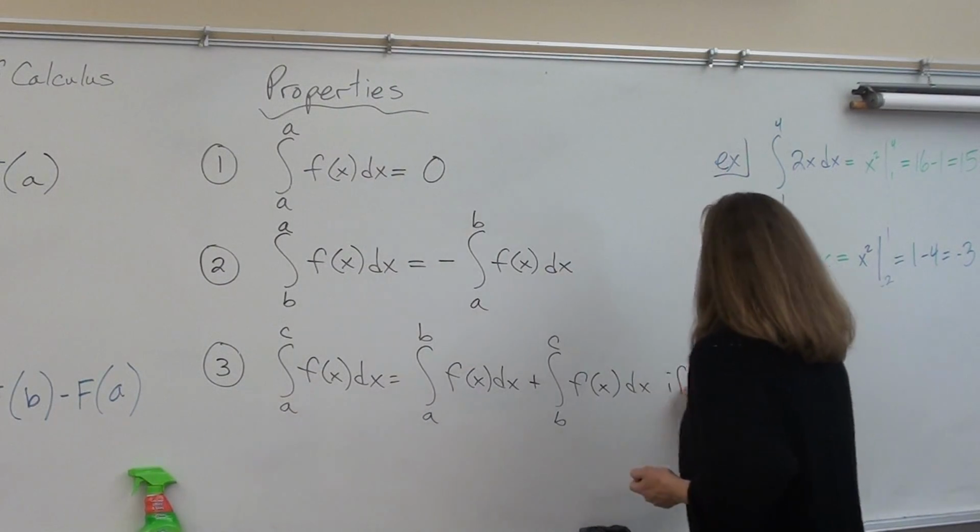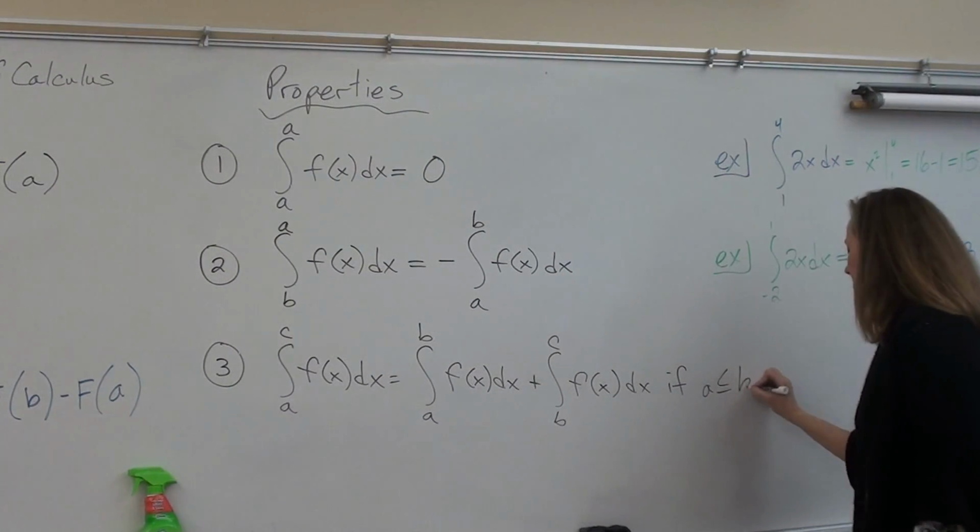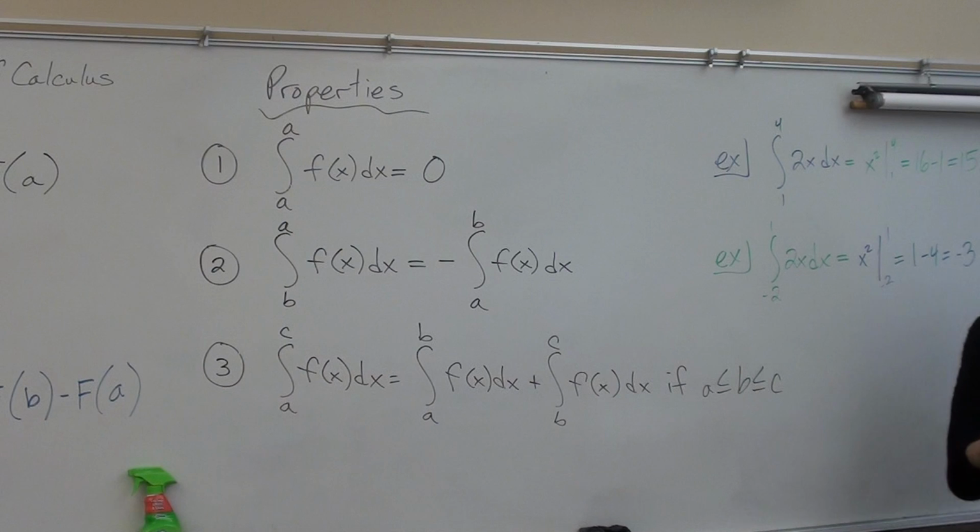If B is between A and C. So if I need to find the integral from 0 to 10, I can do the integral from 0 to 3 plus the integral from 3 to 10. And that's the same thing as the integral from 0 to 10. So I could split it up 5 ways if I wanted to, as long as I'm just going in order. You could split it up in millions. I could. I don't think I would want to, but you could.